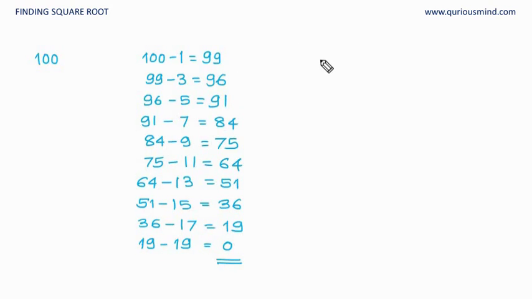So there are 10 steps, therefore the square root of 100 is 10. Let's take one more example and subtract the consecutive odd numbers.